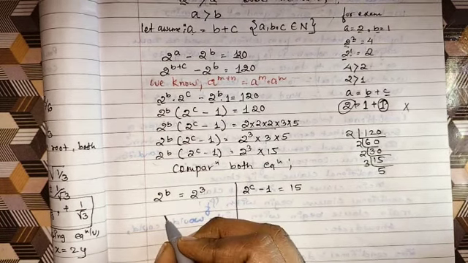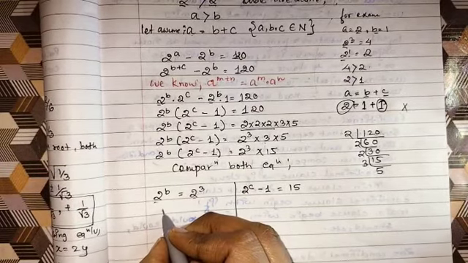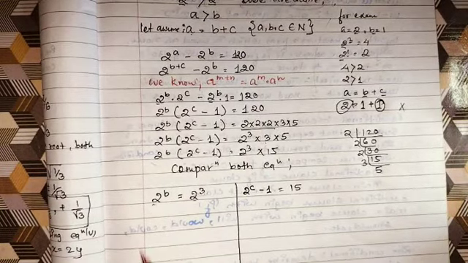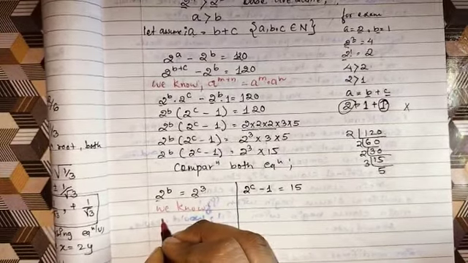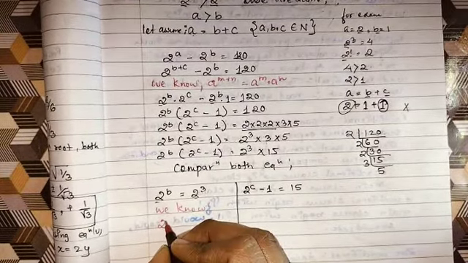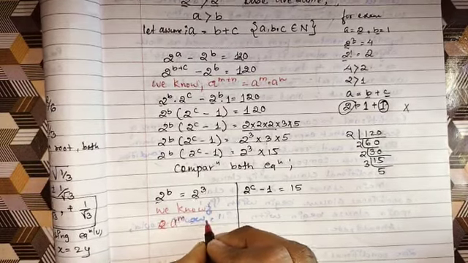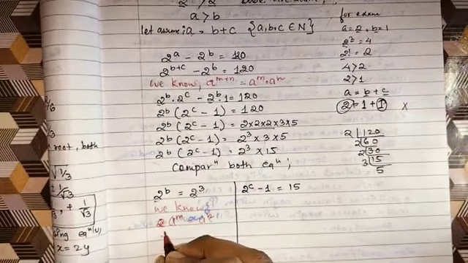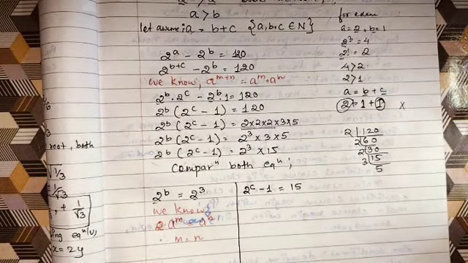So now here what we can write is, since bases are same, when a to the power m equals to a to the power n, we can write m equals to n. Fine, we know this.